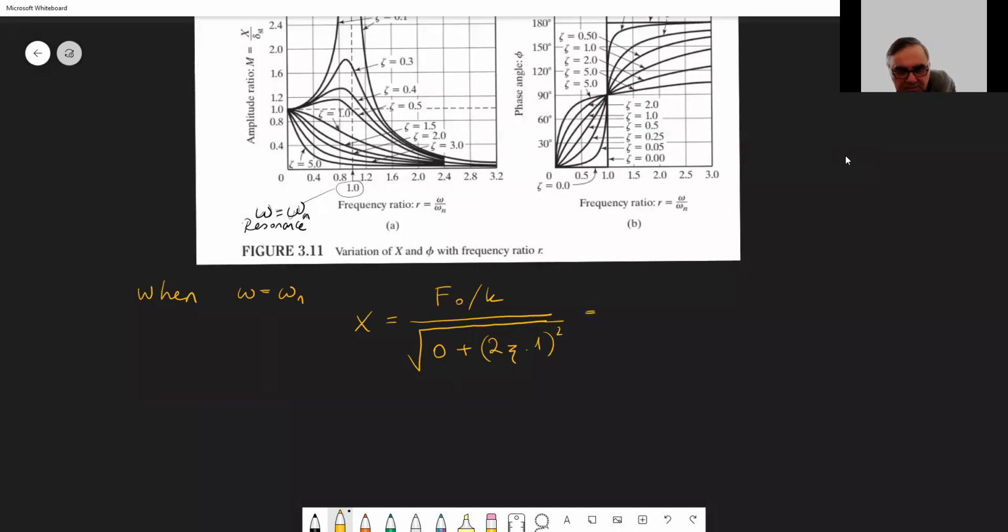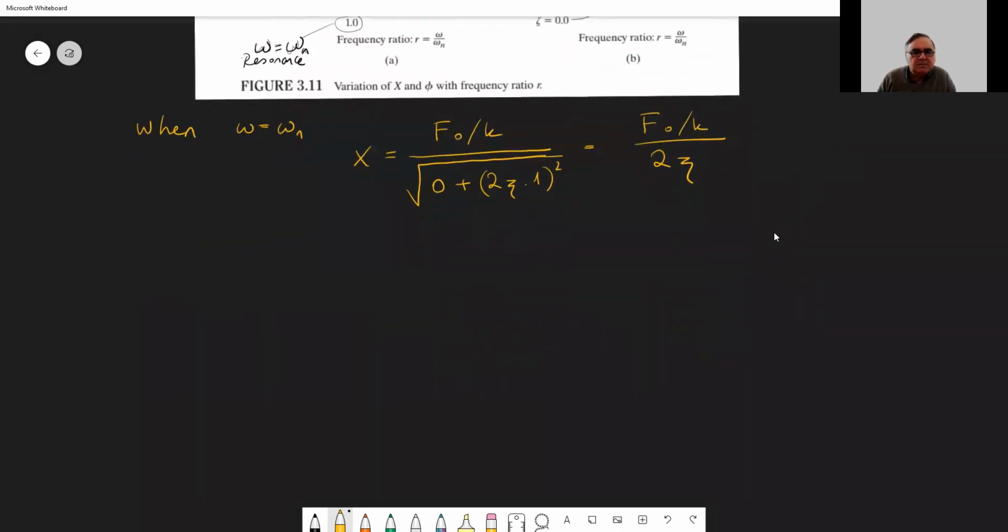So the square root of a square is itself. So it is f0 over k over 2 zeta. So what we have at this value will be something like this.